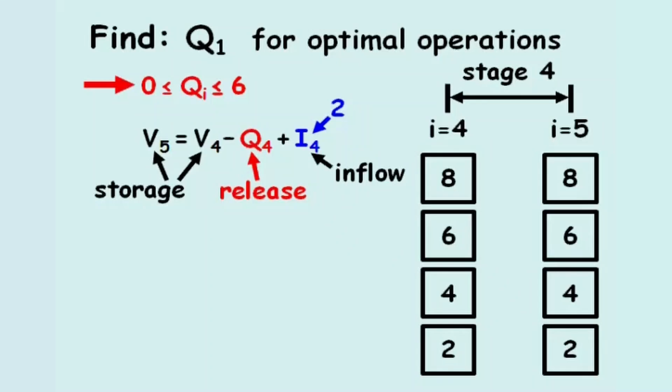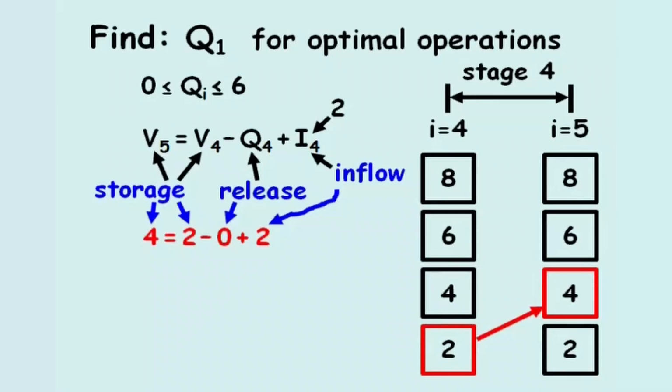Next, we'll trace out all the possible paths from stage 4. For example, if the storage volume in the reservoir at the beginning of stage 4 equals 2, then if we release 0 units of water, the final storage volume will equal 4 units of water. If we release 2 units of water, the final storage volume will equal 2 units of water.